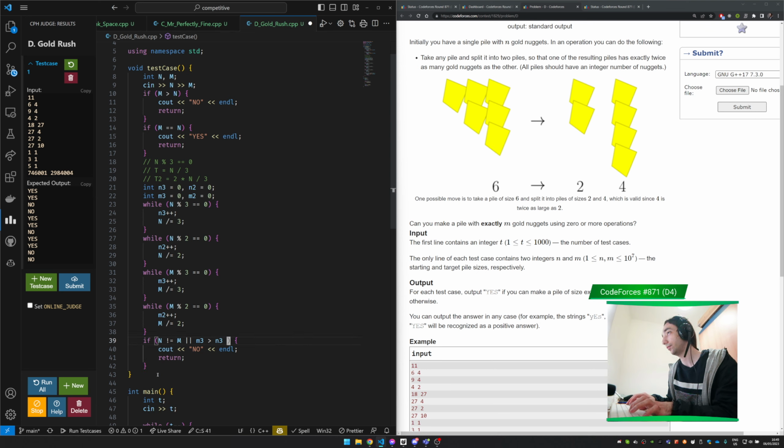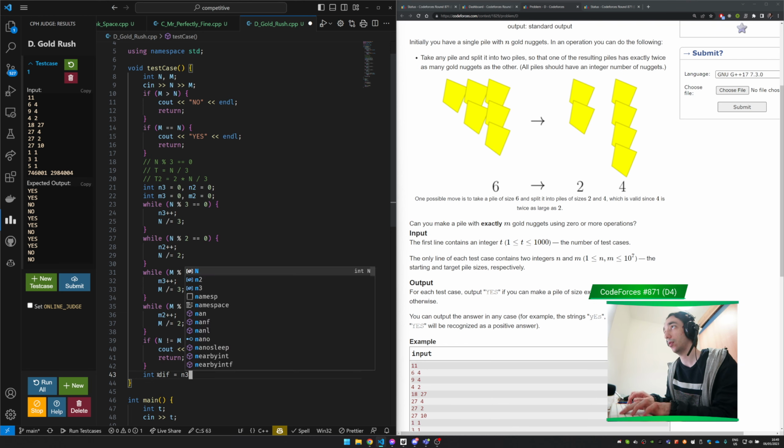Also, okay, so now it's smaller or equal. Now then, this is the difference. The difference is how many we have in n3 and how many.